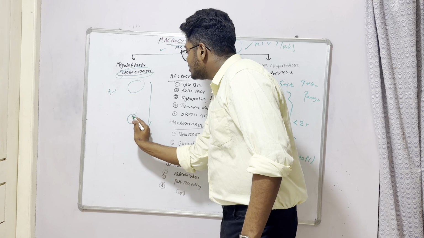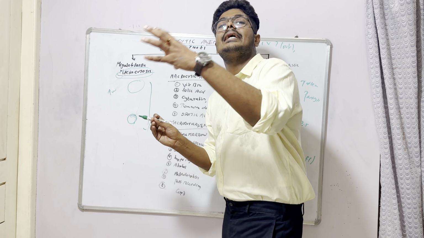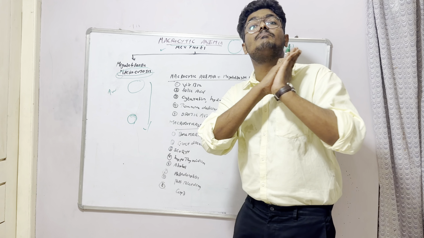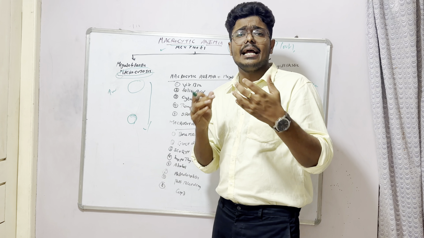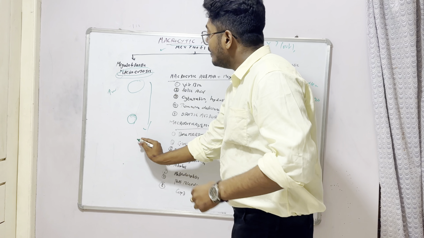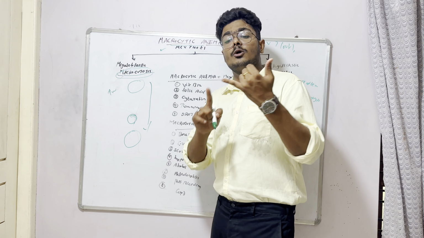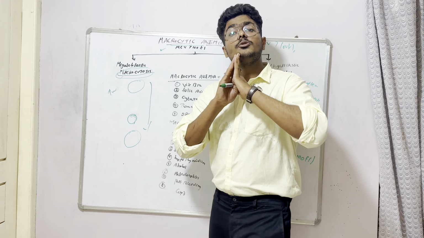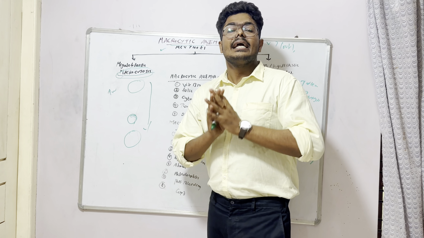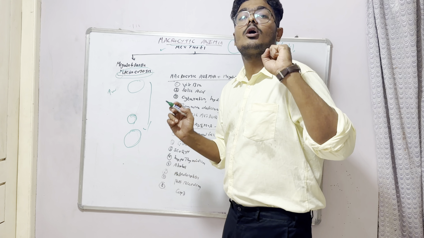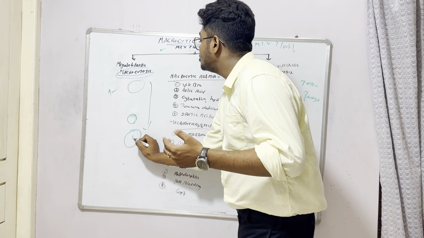In the reticulocyte, the nucleus is completely extruded, pushed out of the cell. The nucleus is pyknotic in nature. Your mature RBC does not have a nucleus, Golgi apparatus, mitochondria, or any cell organelles. It is a pure cell without a nucleus or cell organelles. That is your mature RBC.